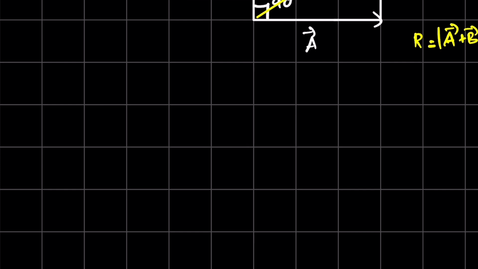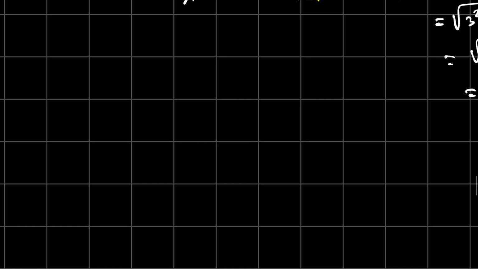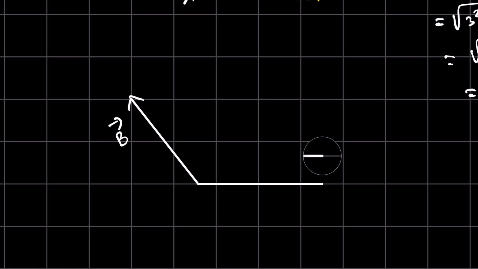Let's look at 120 degrees. Let's say two vectors: this is b vector, and say this is another vector, a vector. I'm trying to make sure that their lengths are the same, so let's say the value of a is 3 and the value of b is 3.